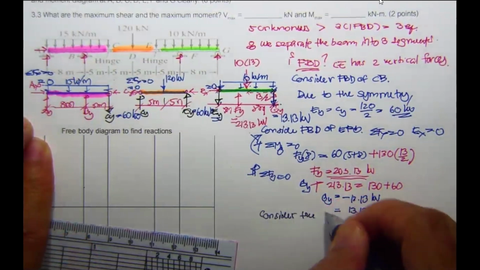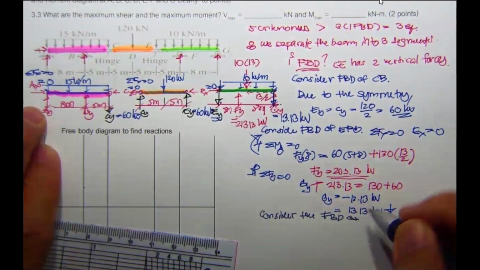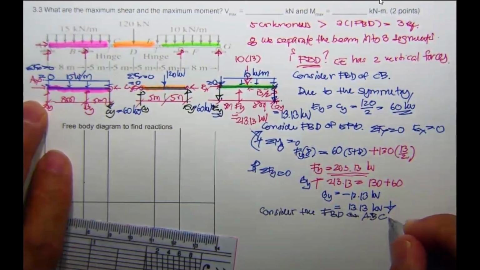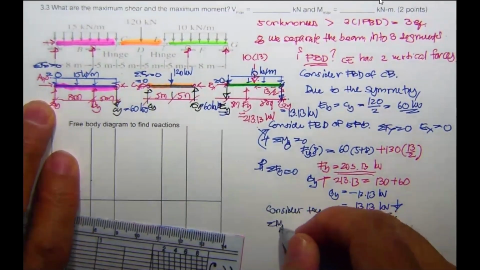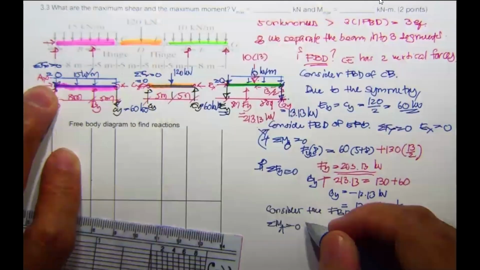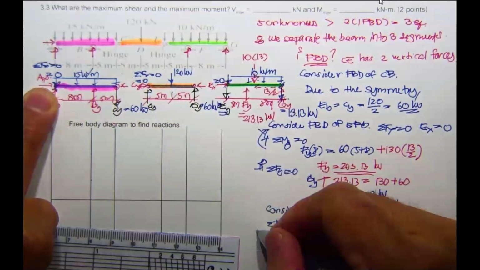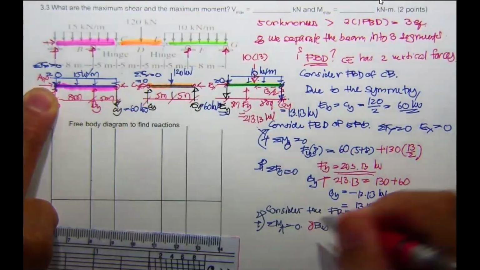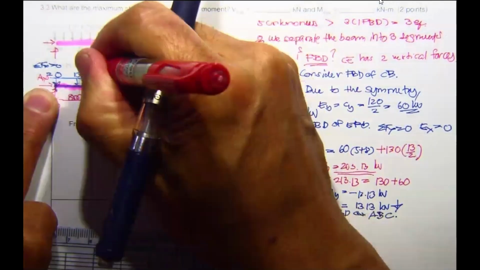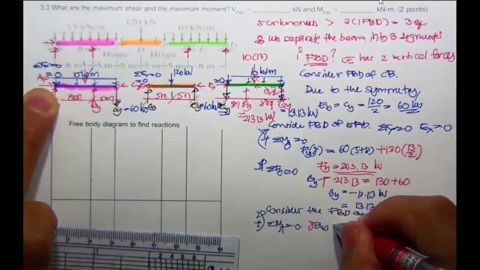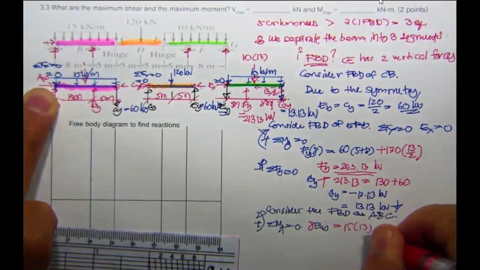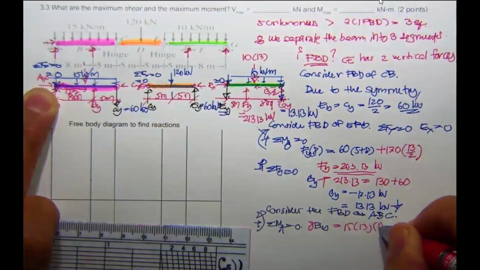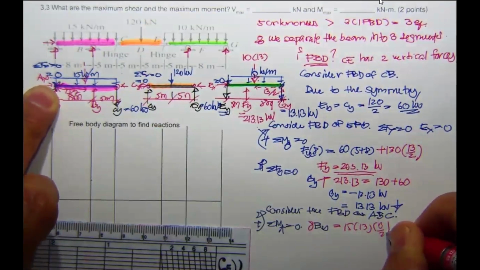Consider the free body diagram of ABC. Then you may take the summation of moments about A, to be 0. B sub y is going to rotate in this direction, positive. B sub y times 8, rotating this way, equals 15 times 13, and then from here to here is 13 divided by 2, 13 divided by 2.